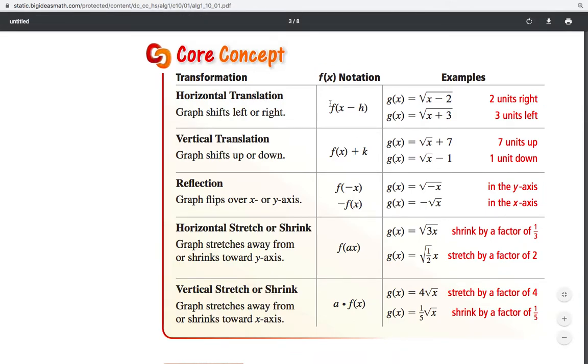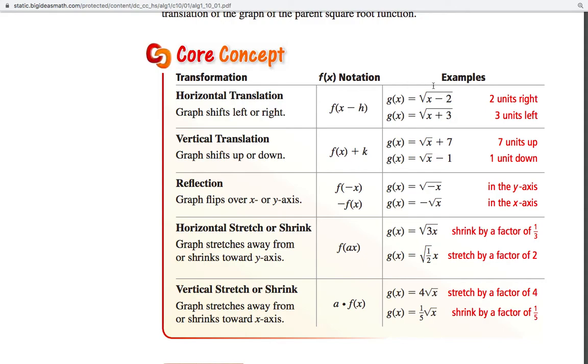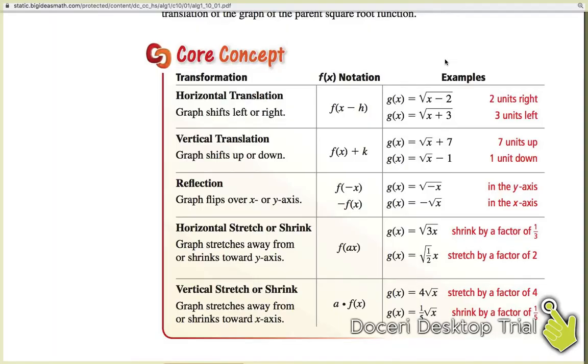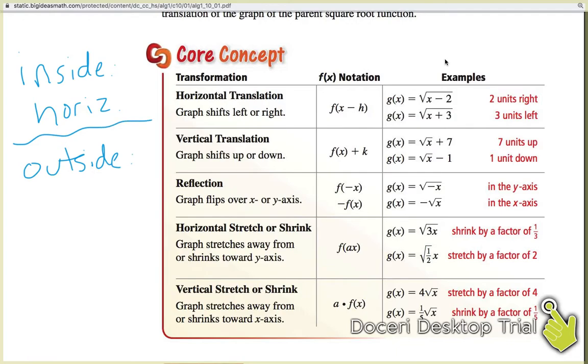Again, anything that happens inside of the square root sign is going to be horizontal. Okay, so let's write a note here. Inside is horizontal. Outside of the square root sign is going to be vertical. It's going to be a vertical change.